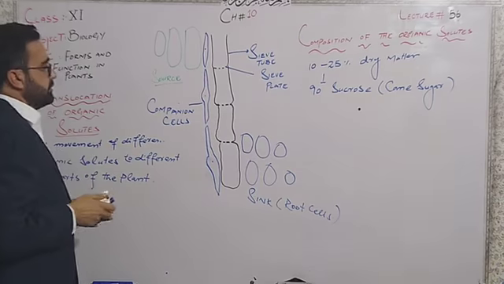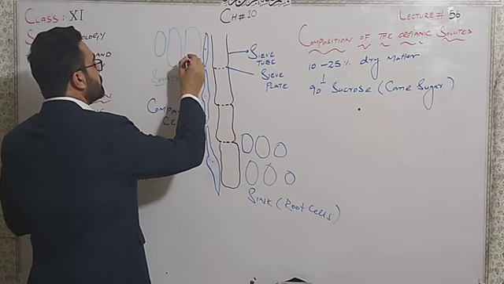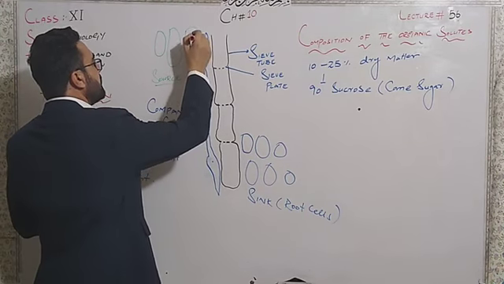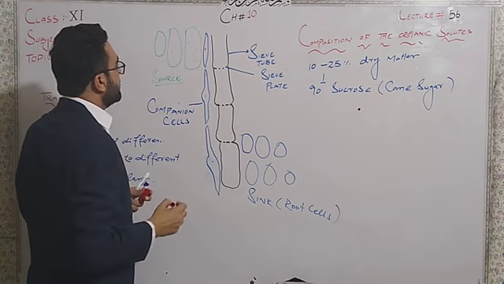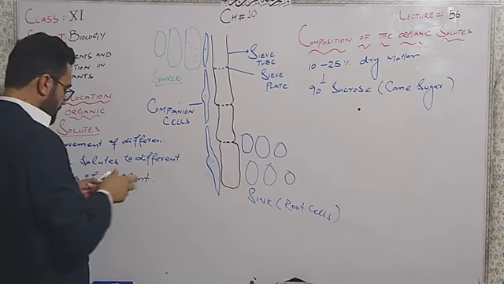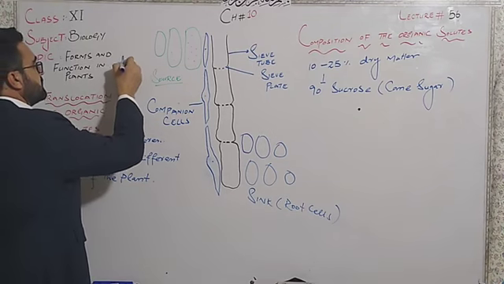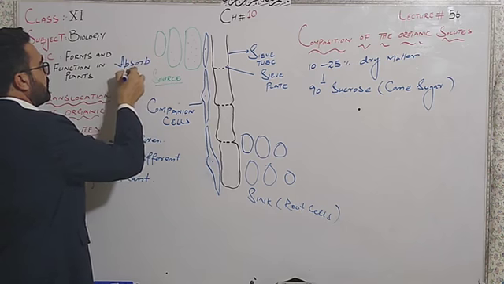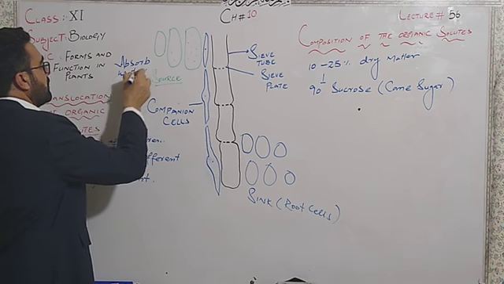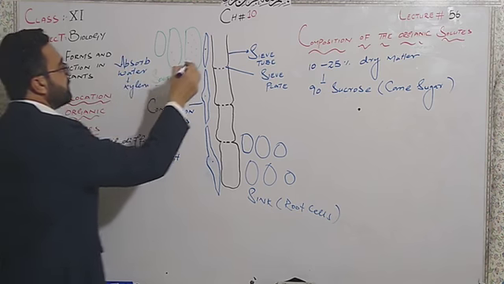So according to this mechanism, when the glucose and saccharose molecules concentration increases here, it absorbs water from the surrounding tissues, from the xylem, which increases the hydrostatic pressure.